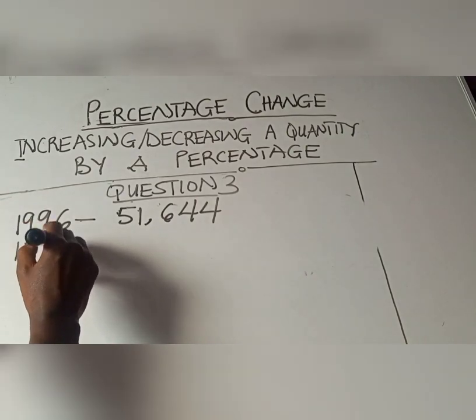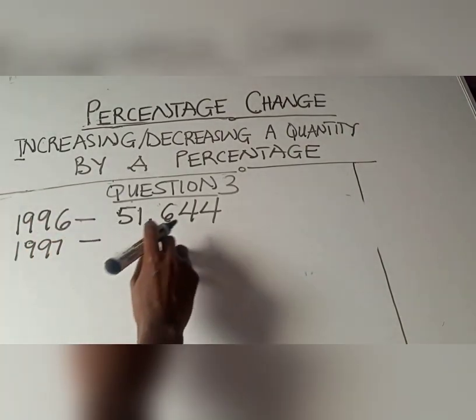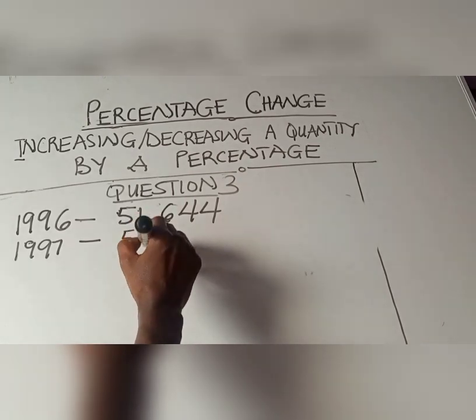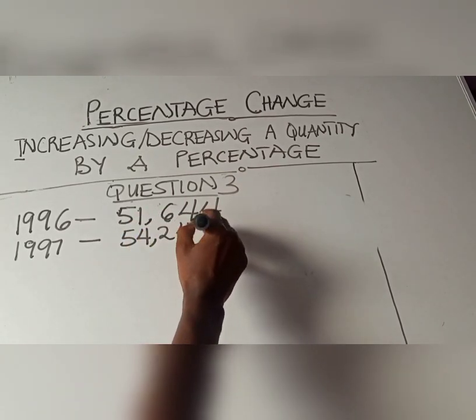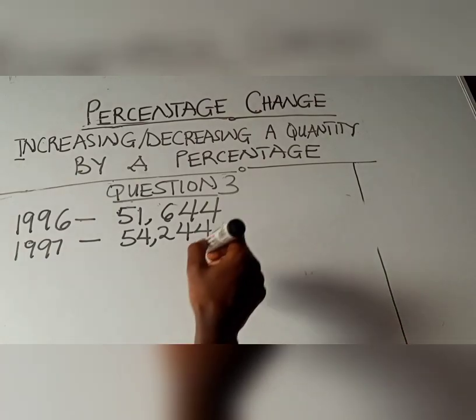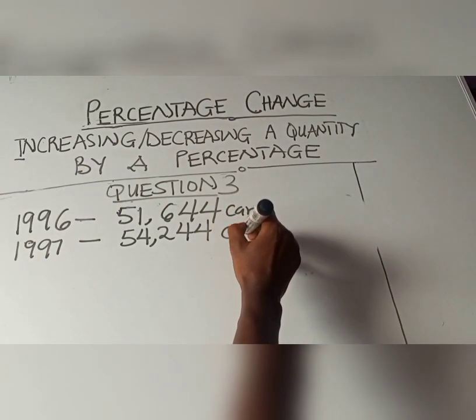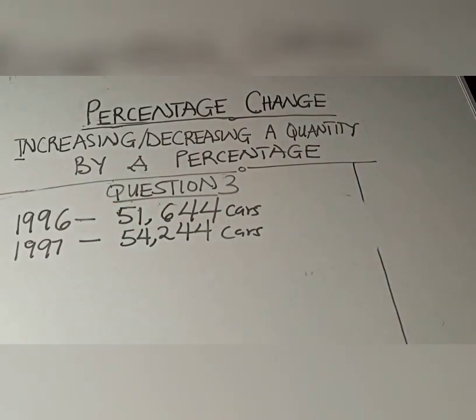In 1997, the company sold 54,244 cars. So obviously, we could see that in the following year, 1997, there was an increase in the number of cars sold. So we find the quantity that was sold in addition to those sold in 1996.